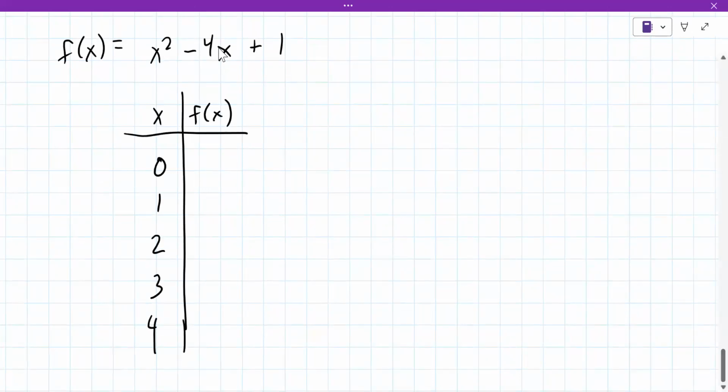So it will be 0, x 0 plus 1. So 0 would be 1, which means 4 would be 1. Good. Good use of symmetry on that one.